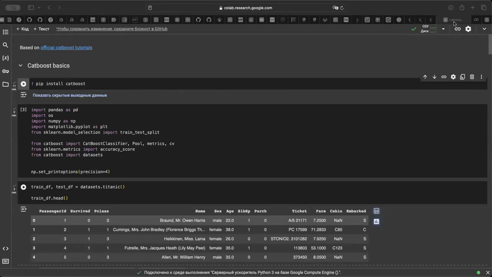How do you think, what is better, having deeper trees for this kind of algorithm, or more shallow? Not deeper, so more shallow. And why?